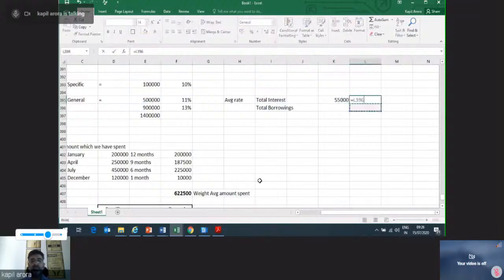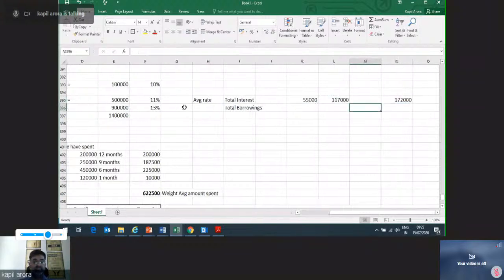And what is the interest on 9 lakh? 9 lakh into 13%. So the total interest is 1,72,000, whereas total borrowing is 5 lakh plus 9 lakh, which is 14 lakh.